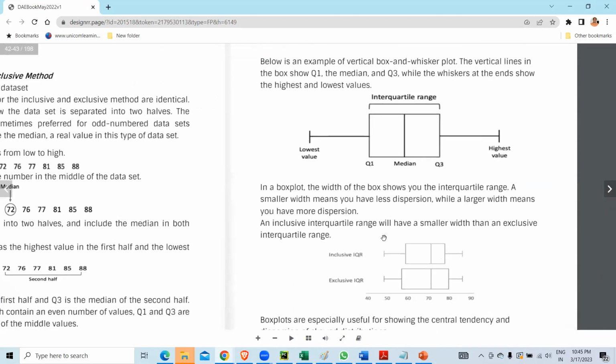When you have Q0, Q1, Q2, Q3, Q4 and the IQR, you can represent the data as a box plot.